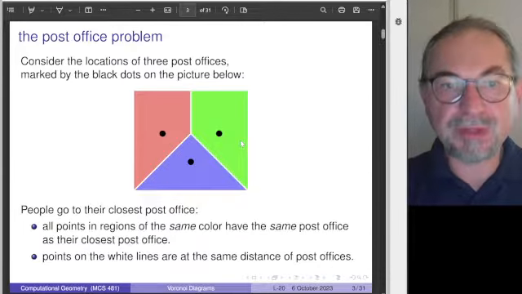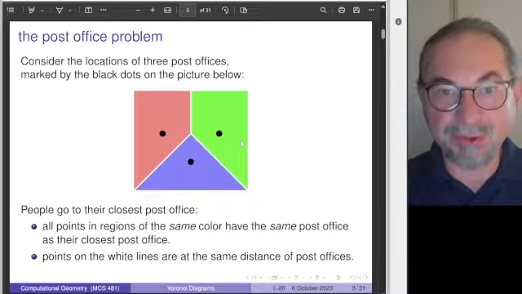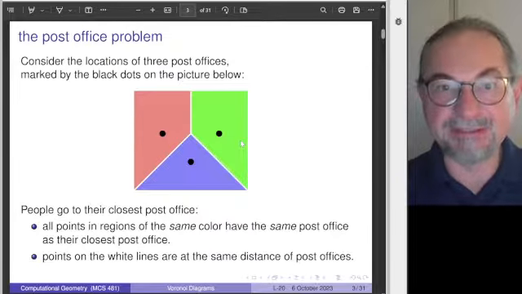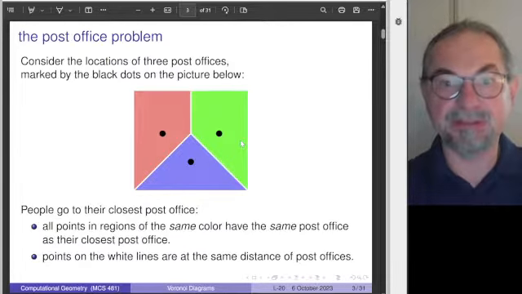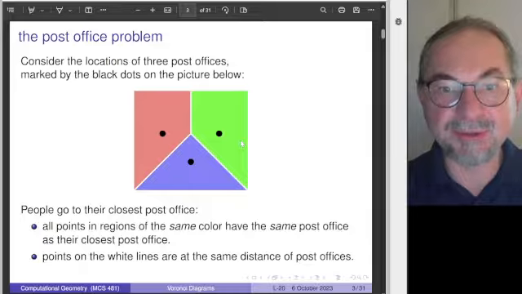So the post office problem of locating the nearest post office to you for every point in the square is solved by this partition.